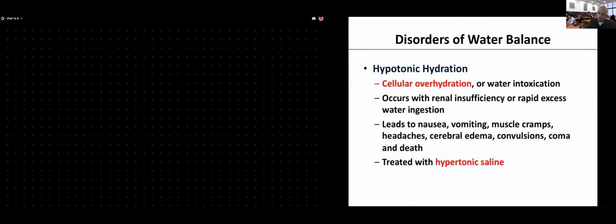Moving on to another water imbalance, it's the hypotonic hydration or cellular overhydration or water intoxication. So remember this first day of the gym.